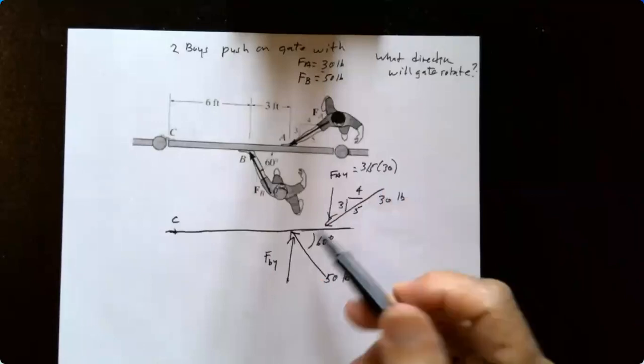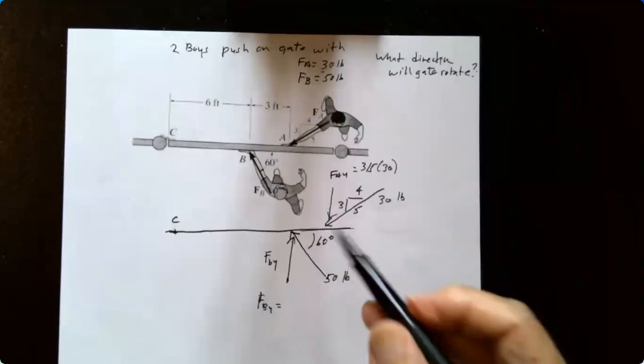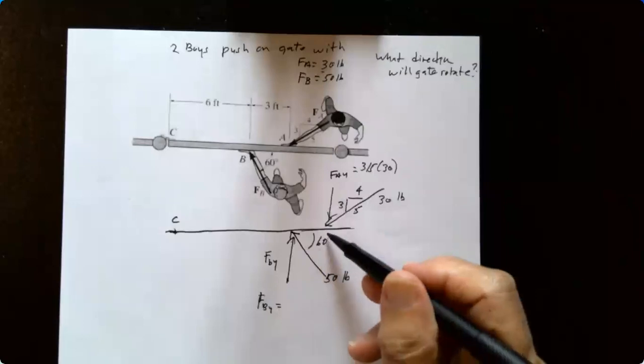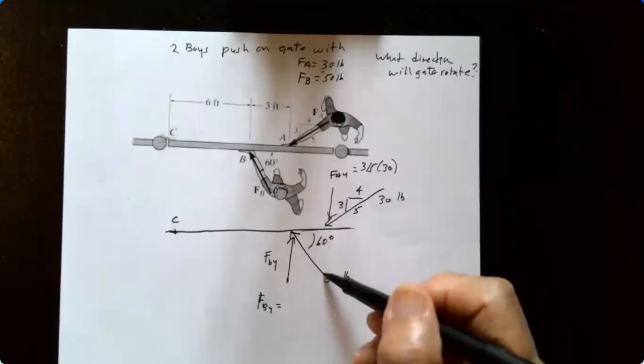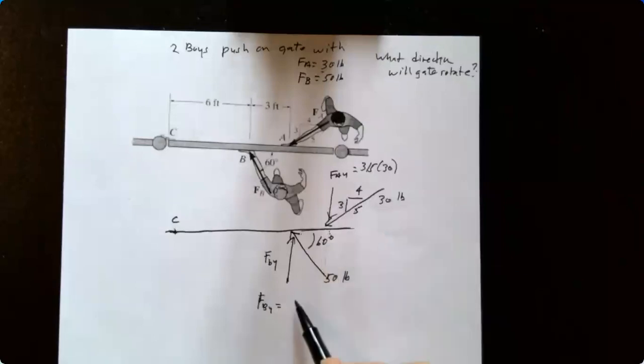FB sub Y over here, this is the 60-degree angle, and it's opposite, so a sine function is going to be equal to the 50 pounds times the sine of 60.